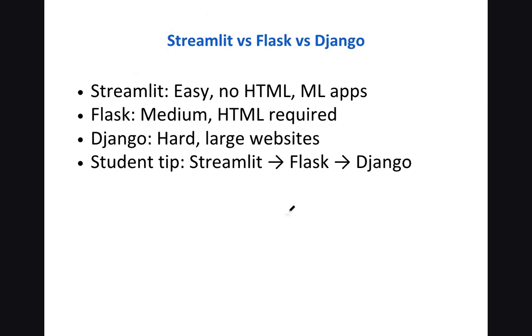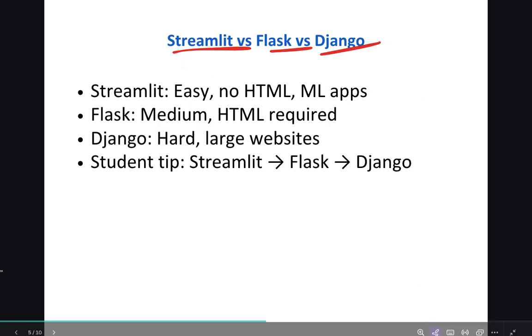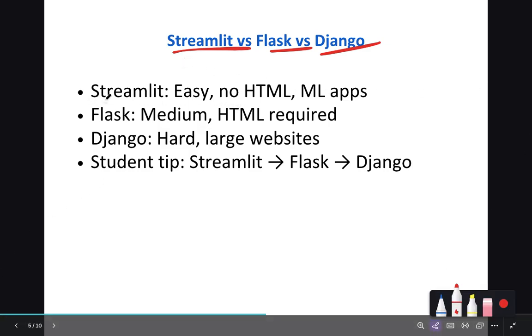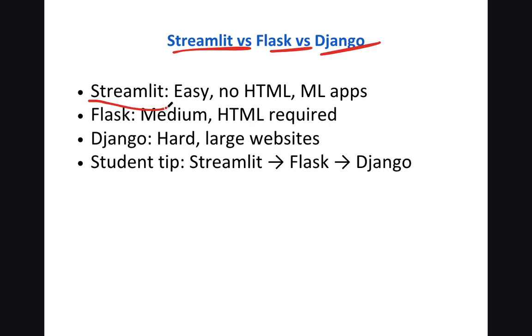And here, at last, as I said, we will do the basic comparison of Streamlit, Flask, and Django. These all three, Streamlit, Flask, and Django, maybe you have heard these names before. These all three are Python libraries. So we are starting with Streamlit.